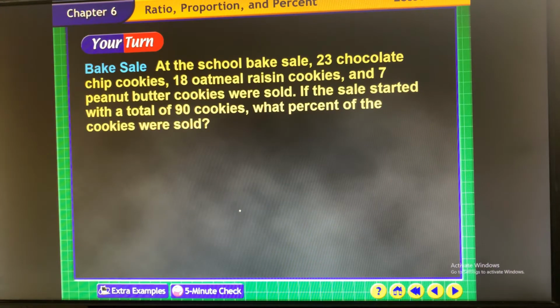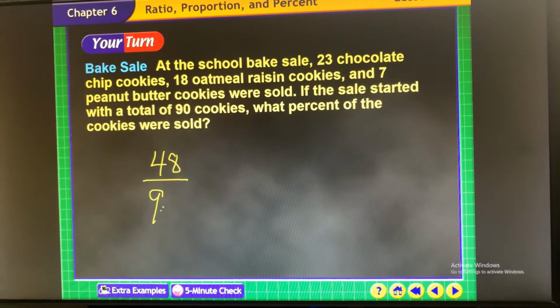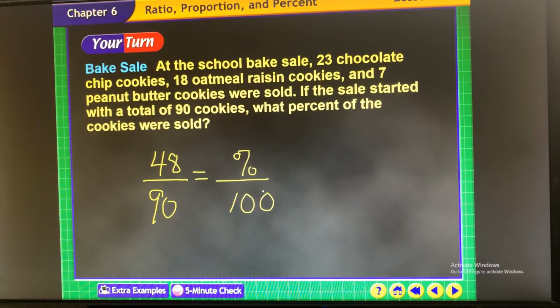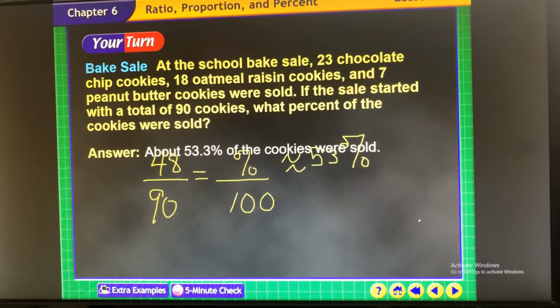You had 23 plus 18 plus 7, so 48 cookies out of 90 were sold. You want to know what percent that is. So right there, 4,800 divided by 90, and you have about 53% of the cookies were sold.